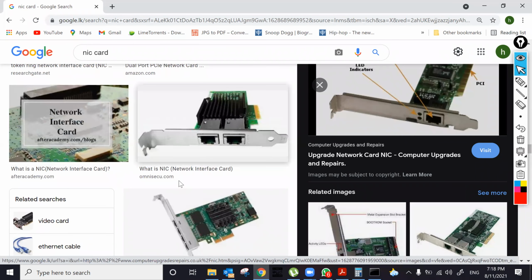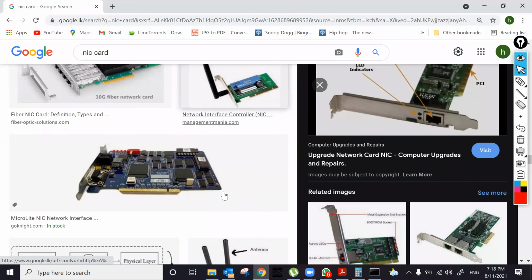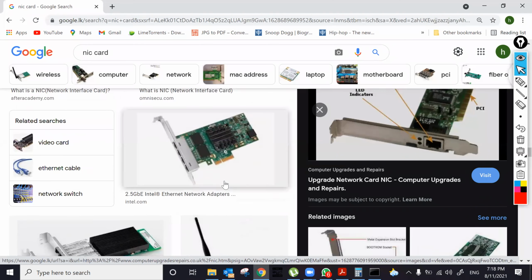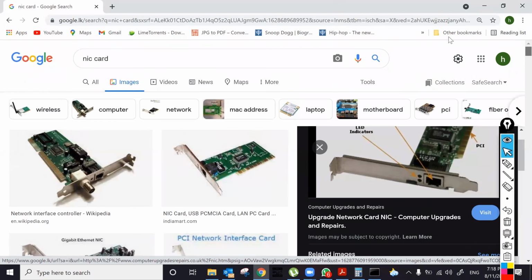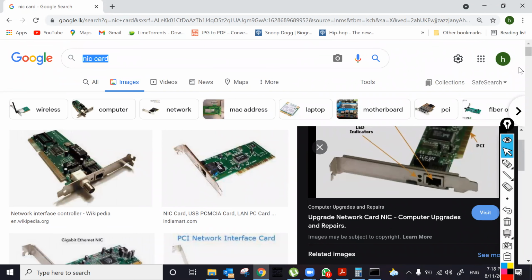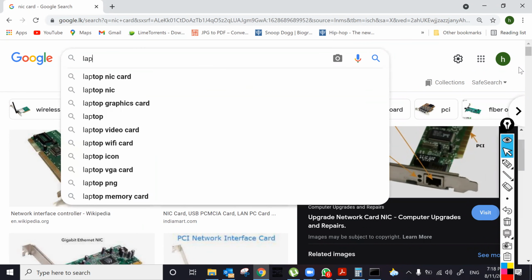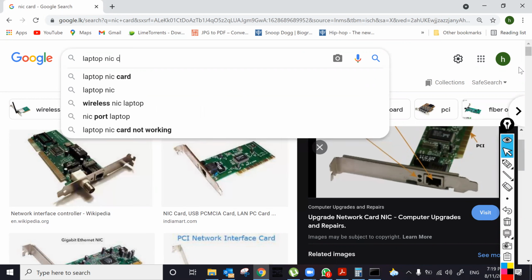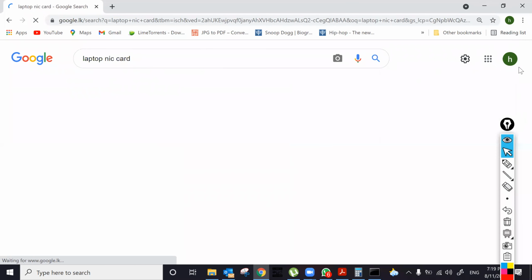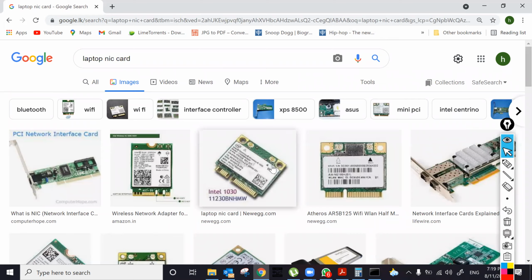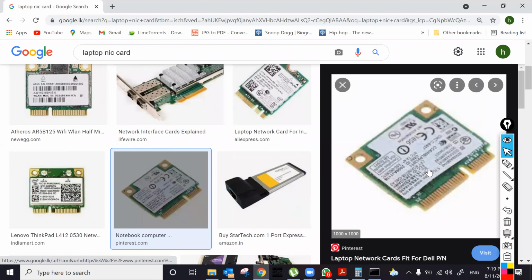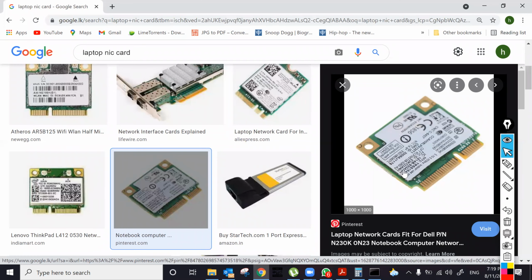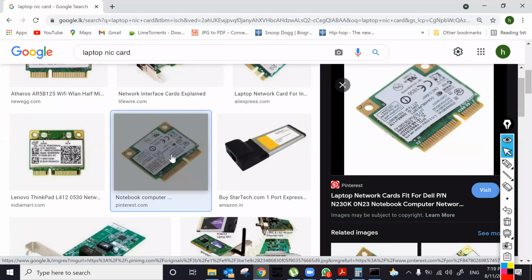So why do we use it? To access the internet, right? That is called the network interface card. So this is a LAN card, normally in desktops. Let me show you the laptop NIC card. When it comes to the laptop, it is simplified. Normally this is a wireless chip, right?